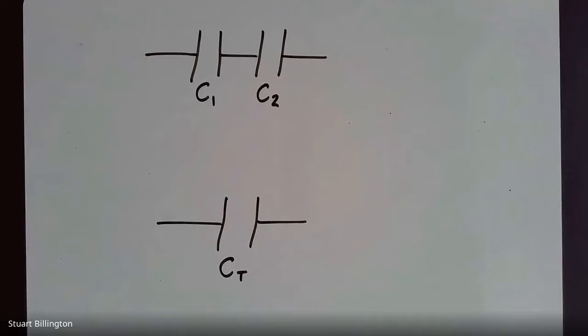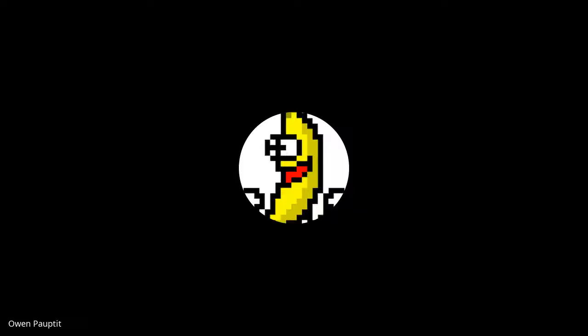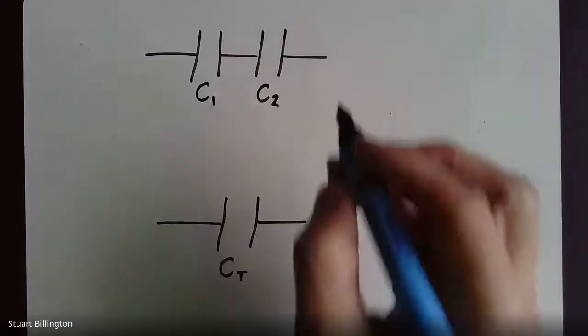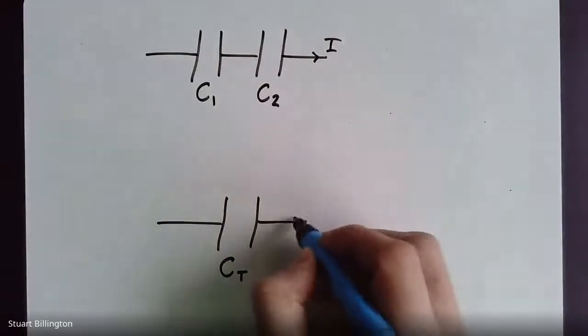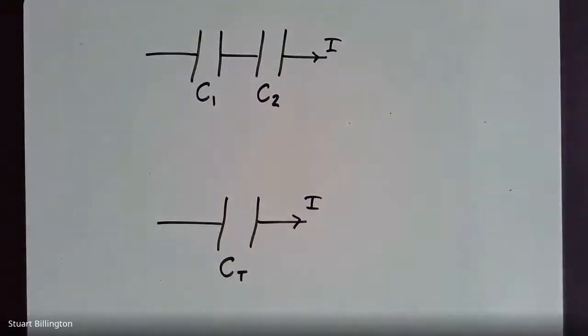Anyone want to contribute anything? Would you draw on the current? Okay, we could draw on the current. It turns out that we're not going to need the current. So if you want to keep your notes pristine, don't add it. But yeah, it's definitely a variable that's in play.